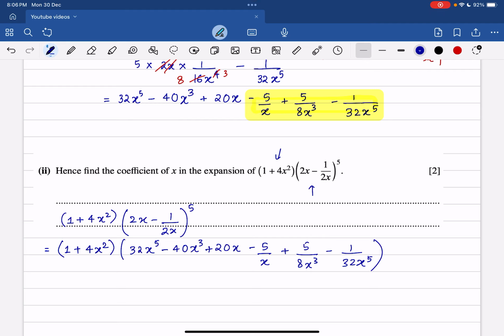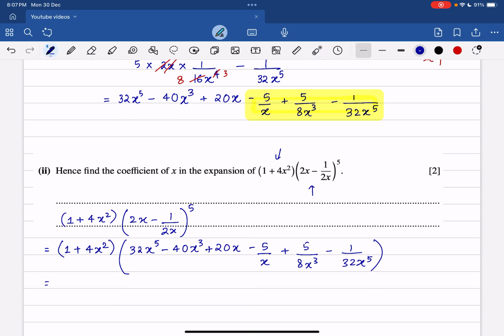Now let's do a little bit of smart work over here and observe what is asked. They have asked us for the coefficient of x, which means after multiplying out this and this bracket, whatever the simplification is, you need the coefficient of x. So this guy over here is a constant. If you multiply a constant with x, you will get x only, right?